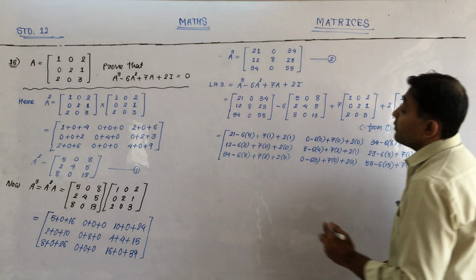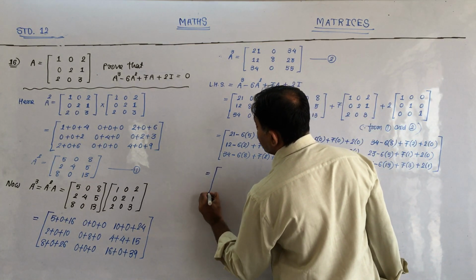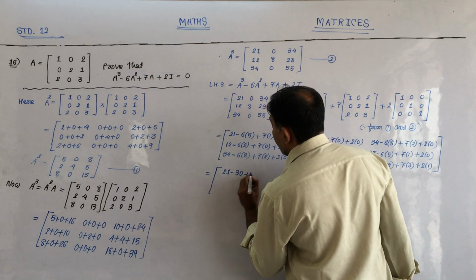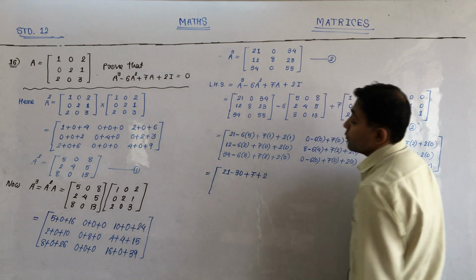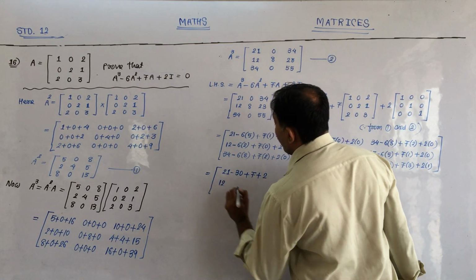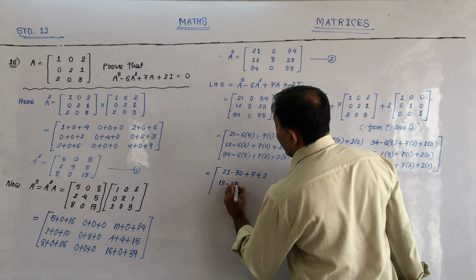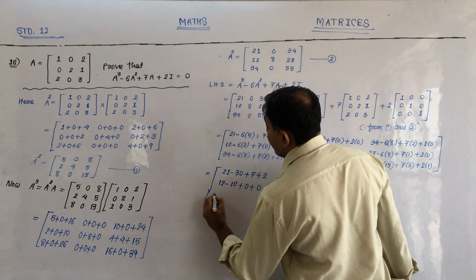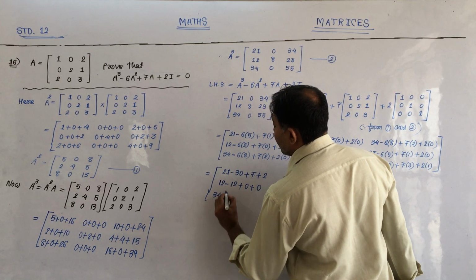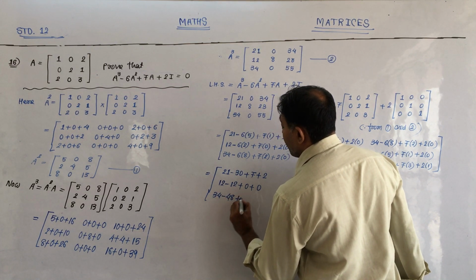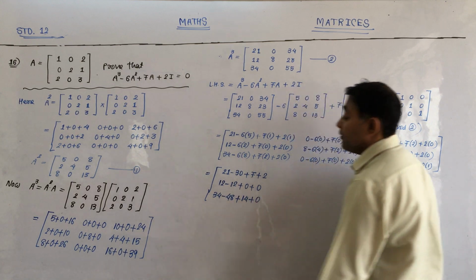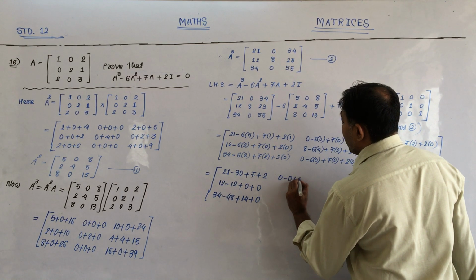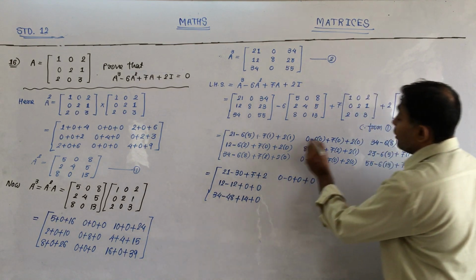Let us solve it. This is 21 minus 30, 6 5s are 30, plus 7 plus 2. Similarly here is 12 minus 12 plus 0 plus 0. This is 34 minus 48, 8 6s are 48, plus 14 plus 0. See here, it is a very simple thing. Here is 0 minus 0 plus 0 and plus 0, all the values are 0.